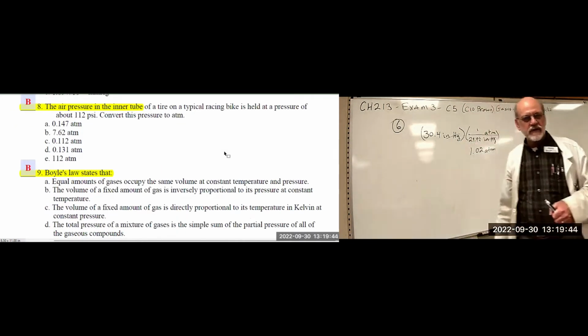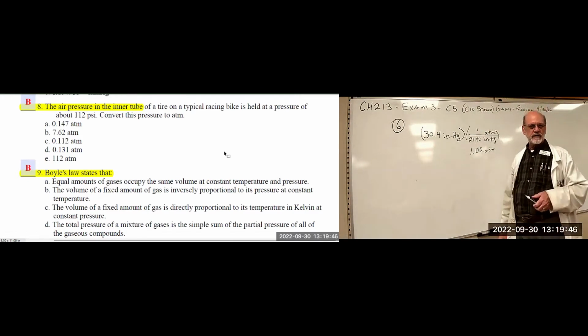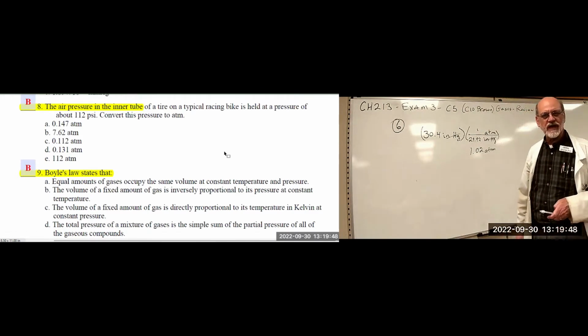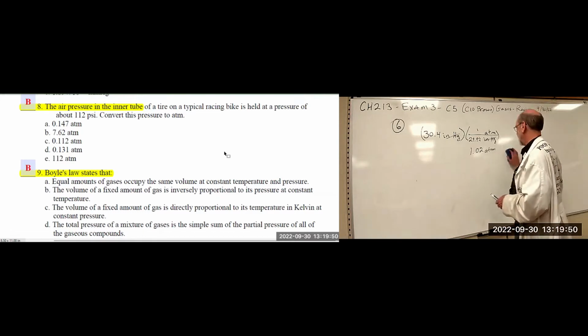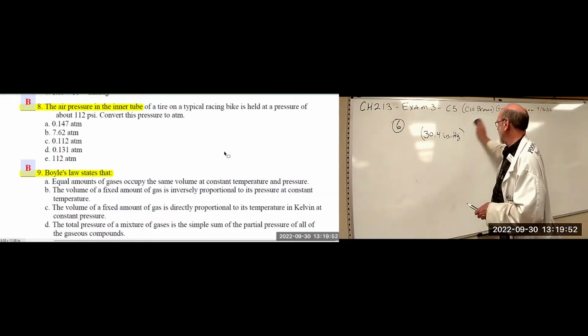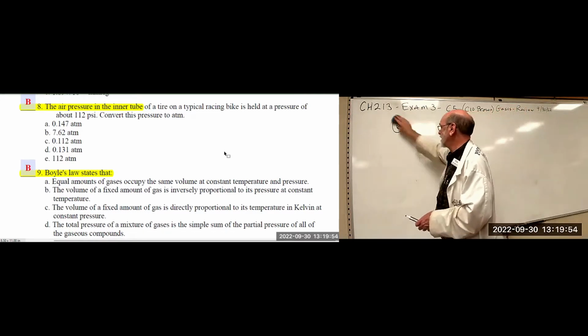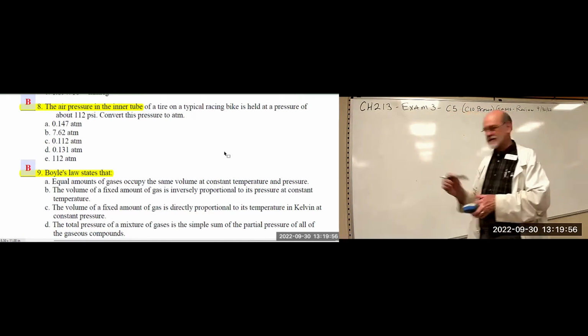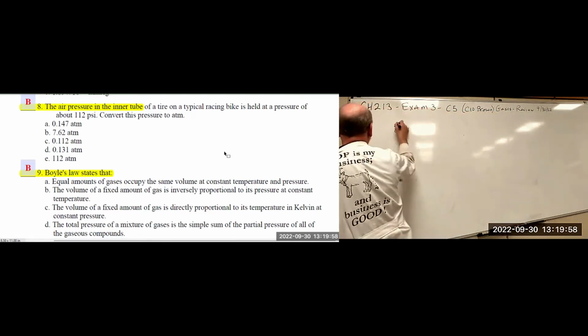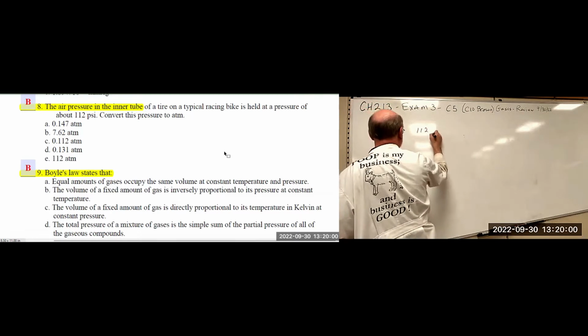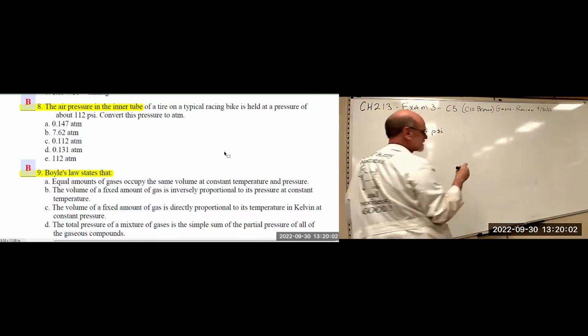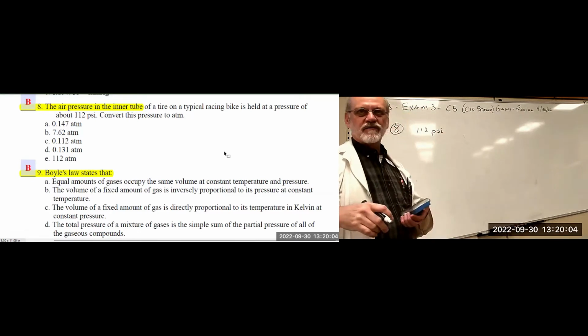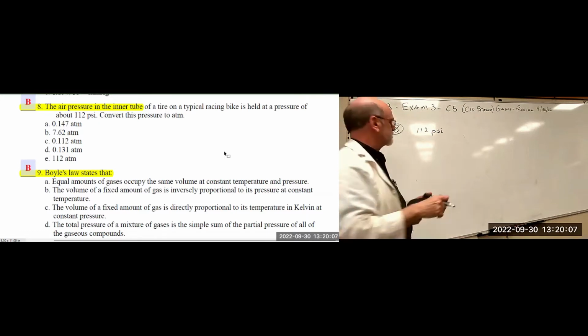The air pressure in the inner tube of a tire on a typical racing bike is 112 psi. That's a lot of pressure. 8. 112 psi. What does psi stand for? Pounds per square inch, right?